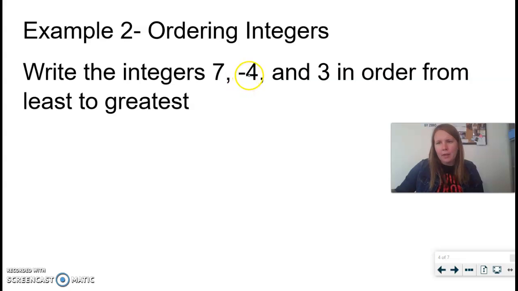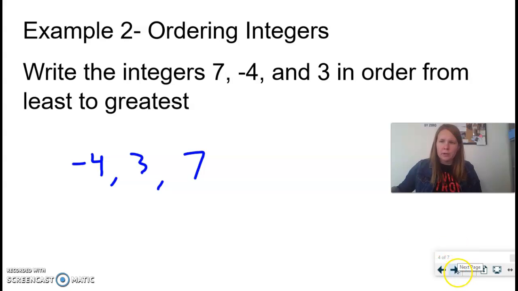So I already know that my negative is going to be smaller because that's to the left of the 0. So that's going to be my first one. From there, I got to think which is bigger, 3 or 7. 3 is smaller, and then 7. So ordering them from the smallest to greatest, or least to greatest.